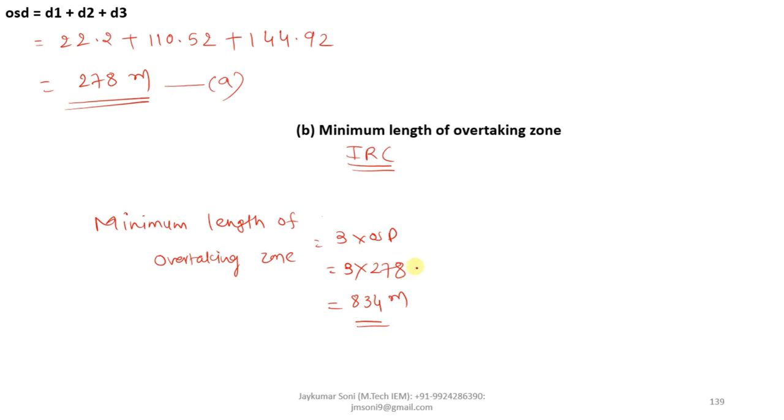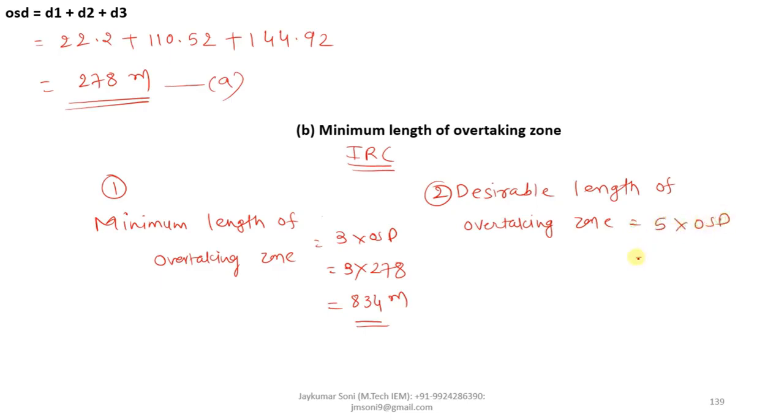This is the minimum. And there is another criterion called the desirable length of overtaking zone. It is 5 into OSD, so 5 into 278, and ultimately it will be 1390 meter.